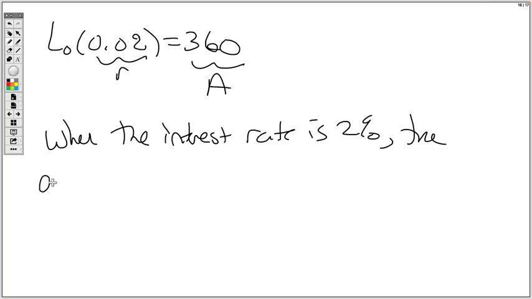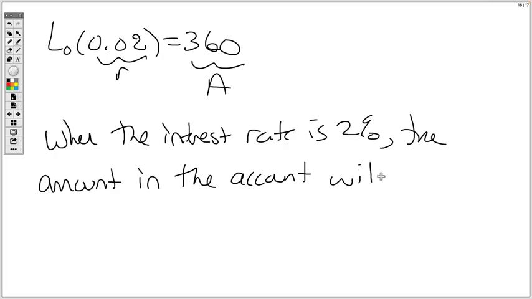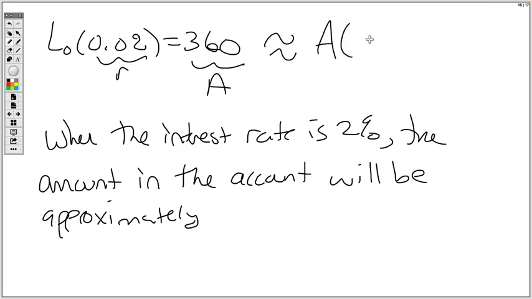The amount in the account will be approximately, because once again this is an approximation of the actual value, approximately how much money? $360. Make sense or not, folks?